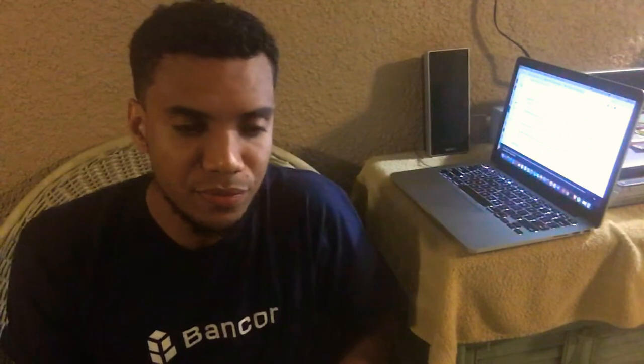One of the main things is that EOS is going to have its own virtual machine now. This is something that Ethereum has had for a long time, I think since the ICO, if I'm not mistaken. When the project first went live in its original form, which was Ethereum Frontier, they had their virtual machine live.